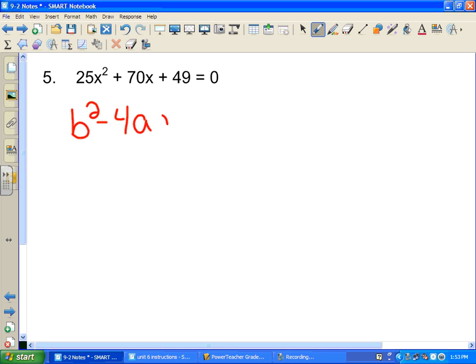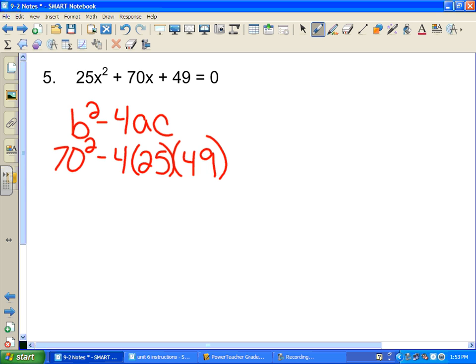So this is even easier. You don't have to work it all the way out. So the discriminant is just b squared minus 4ac. B is 70, A is 25, C is 49. You could just use a calculator.